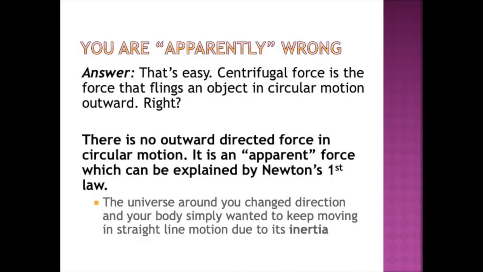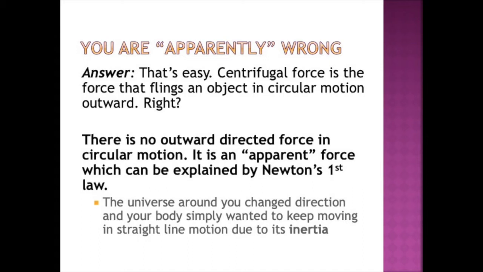However, when we do talk about the reason why we're flying into the door, the answer is simply because the universe changed around us. I always talk about relativity as being, what are you doing relative to the universe? What is the universe doing relative to you? If the car is traveling in a circle and your body didn't want to change that, remember Newton's first law states that an object in motion will remain in motion unless acted upon by some outside unbalanced force.